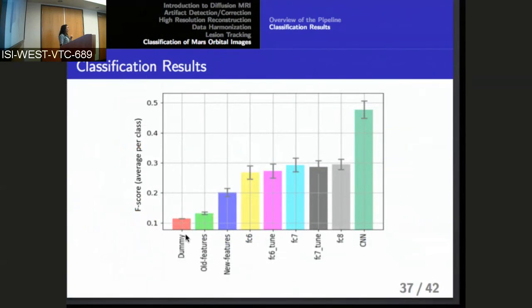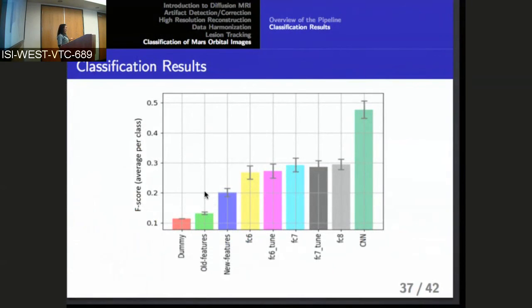There is a dummy classifier because their data set at JPL was highly unbalanced. They had about 8,000 samples of one class, and for other classes, they had about 200. So I wanted to see, okay, what if we only have a dummy classifier? And they had one library to extract some global features.